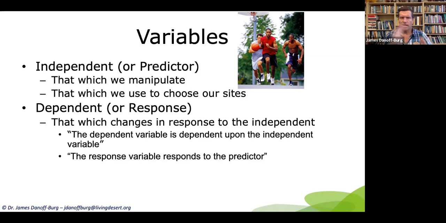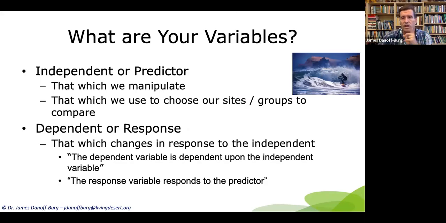So, lots of possibilities. So what we'd like to think about are, for the question that you've been designing, that we've just been working on a little bit, what are your variables, right?